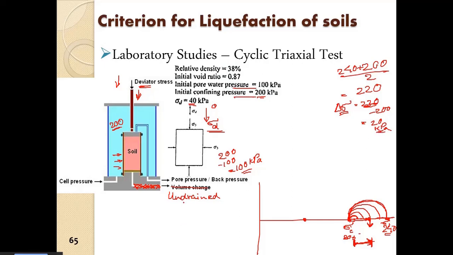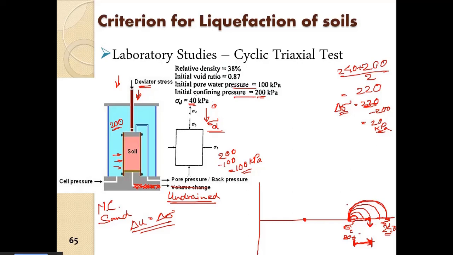Now if it is an undrained case, obviously there is no drainage in the sample, and if we consider normally consolidated sand, definitely delta u will be equal to delta sigma. And in fact this is not for only the last Mohr circle.